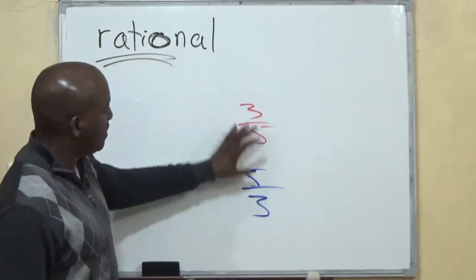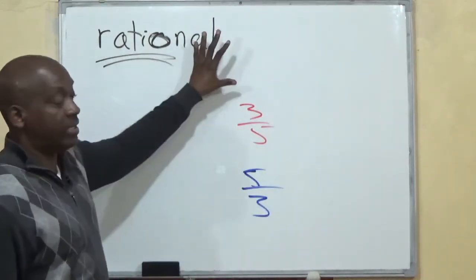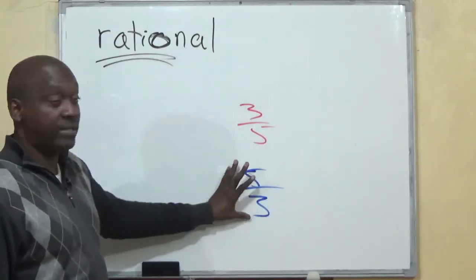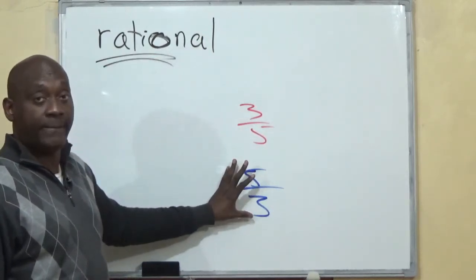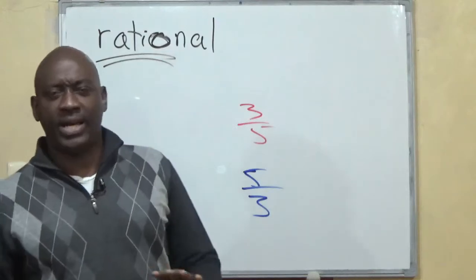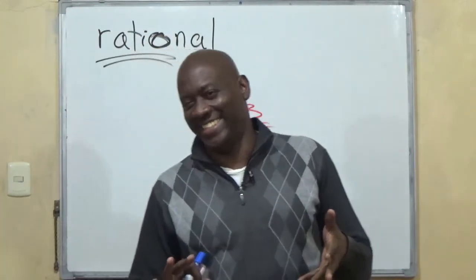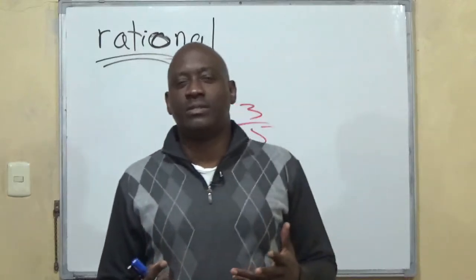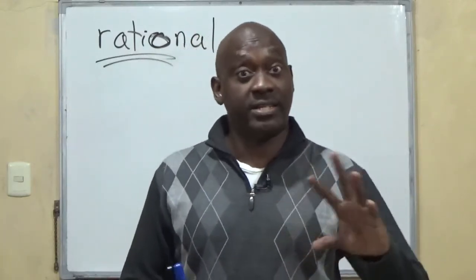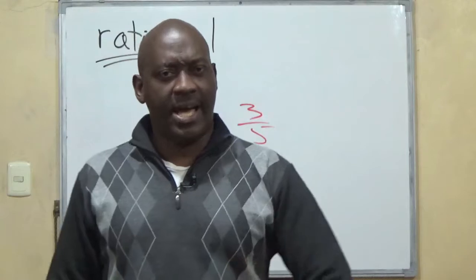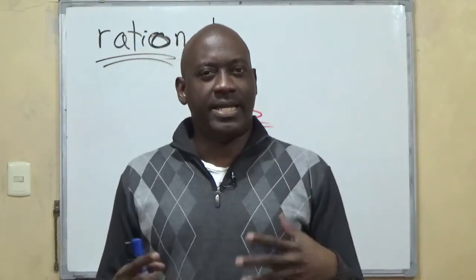So, proper, improper, rational. This is a ratio, this is a ratio. But we have different types of ratios. We have ratios that are rational, and then we have ratios that are irrational.